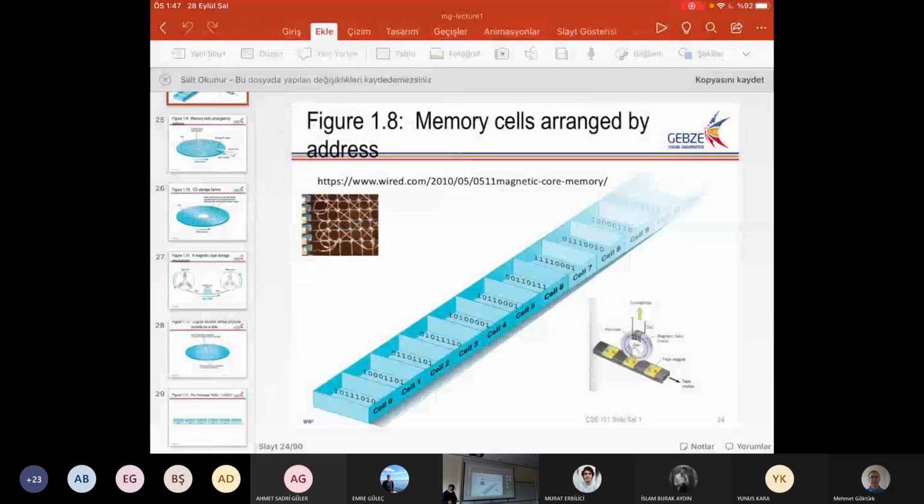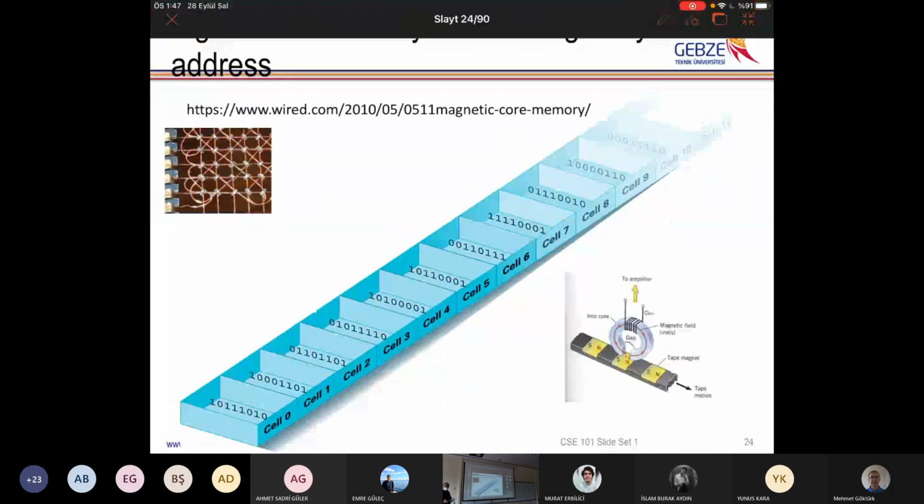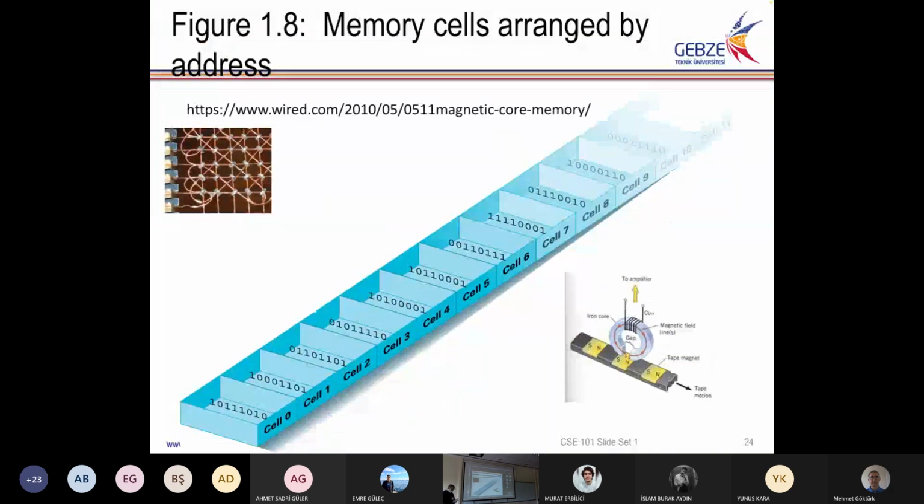Anyway, doesn't matter. Let me draw here. The idea is, we have a memory chip. When we have a memory chip, there is a data port that we call the data bus. From this data bus, only one bucket at a time can be read by the computer, by the CPU.